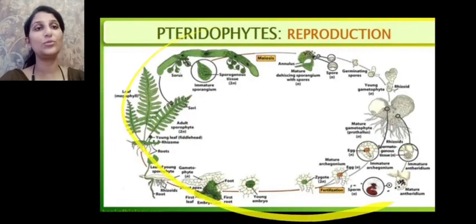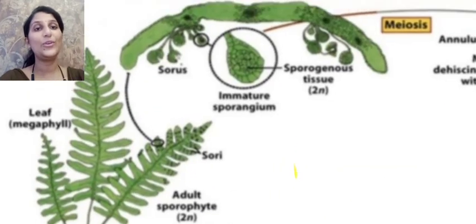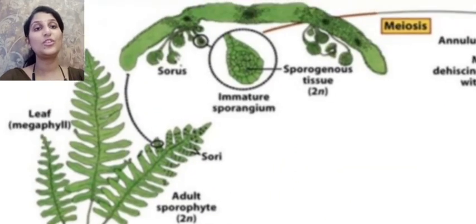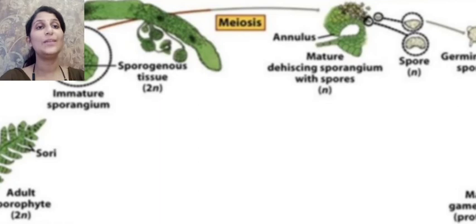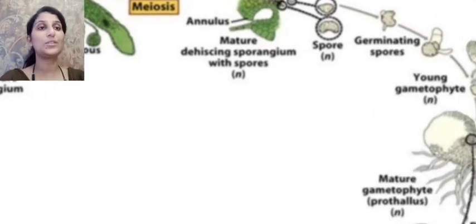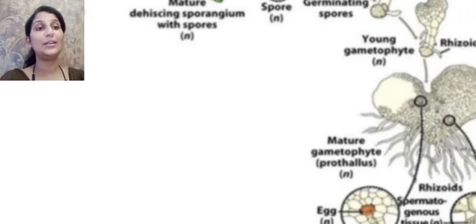So this is about the reproduction. We can see the adult sporophyte, which bears the sporophylls. On the sporophyll there are sporangia, which undergo meiosis to produce the haploid spores, and these spores germinate to produce the prothallus.